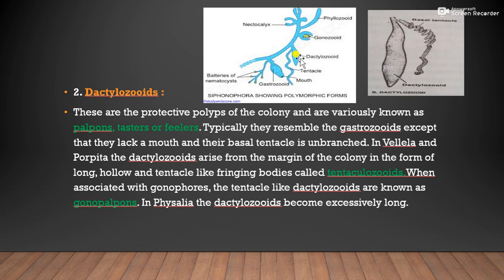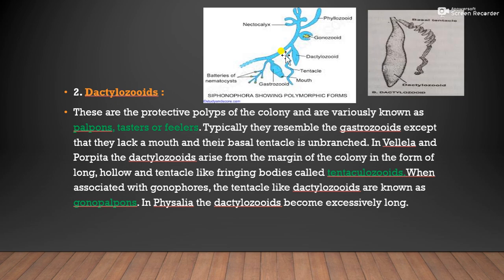The dactylozooids arise from the margin of the colony in the form of long, hollow tentacle-like fringing bodies called tentaculozooids.